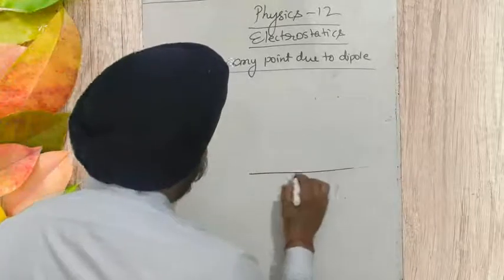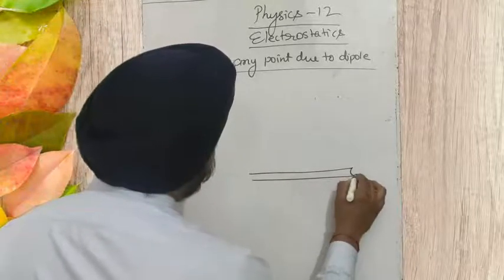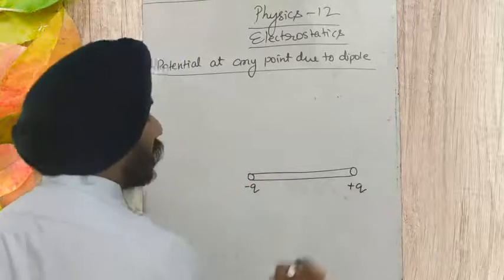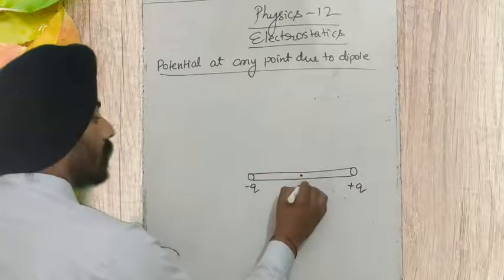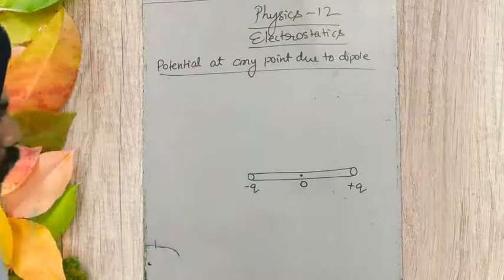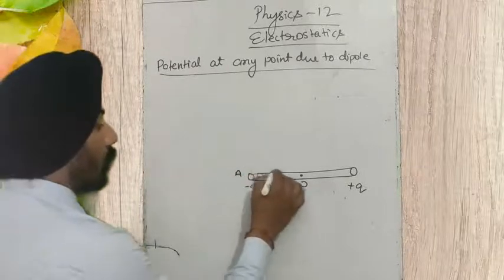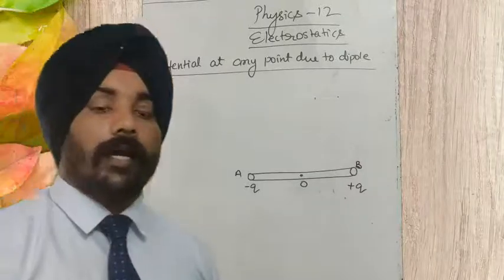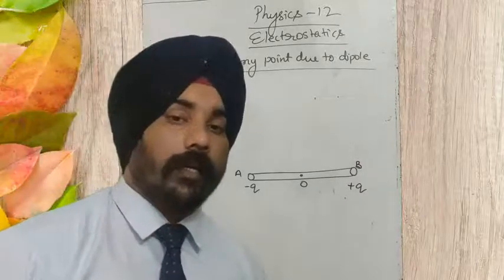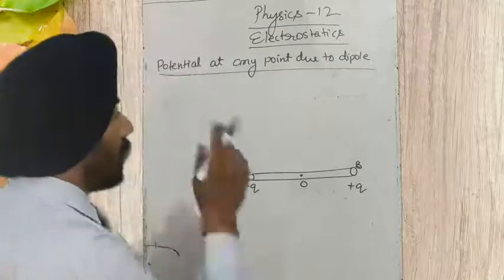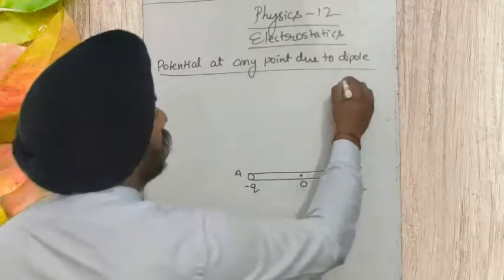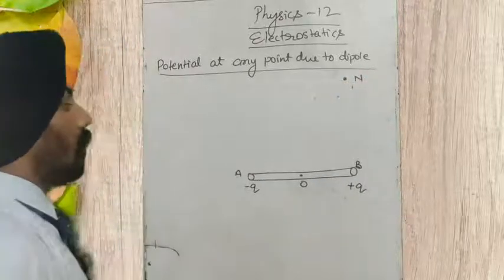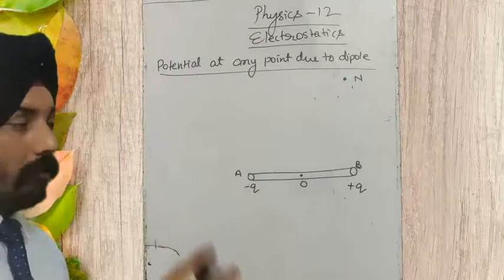We have a dipole with minus q and plus q, and this is the center of the dipole, that is O, and these are the points A and B. The point in question at which we have to calculate the electric potential, let us take it as N, which is lying at any angle.